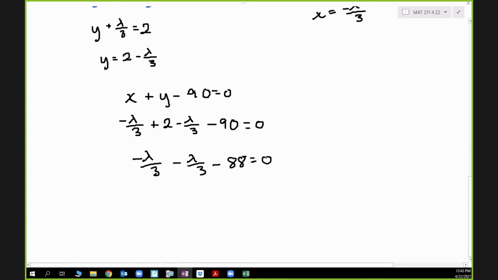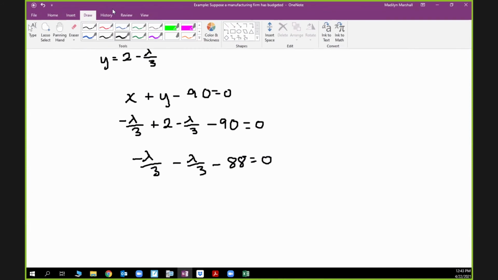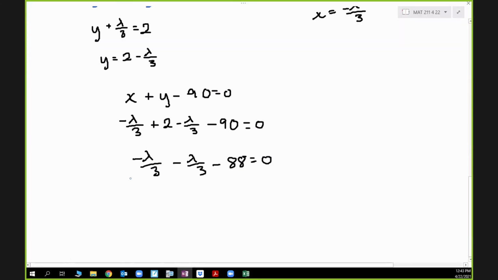When we have a problem with a lot of fractions, especially if you're a person who doesn't like fractions, it's nice to get rid of them, which we can do by multiplying the whole equation by the least common denominator.